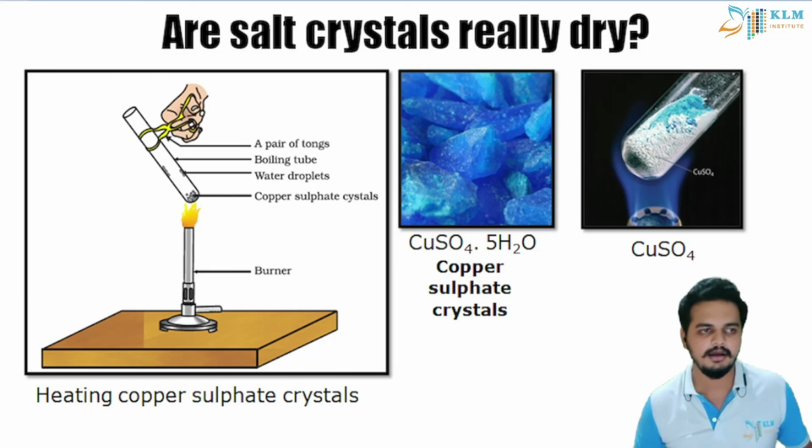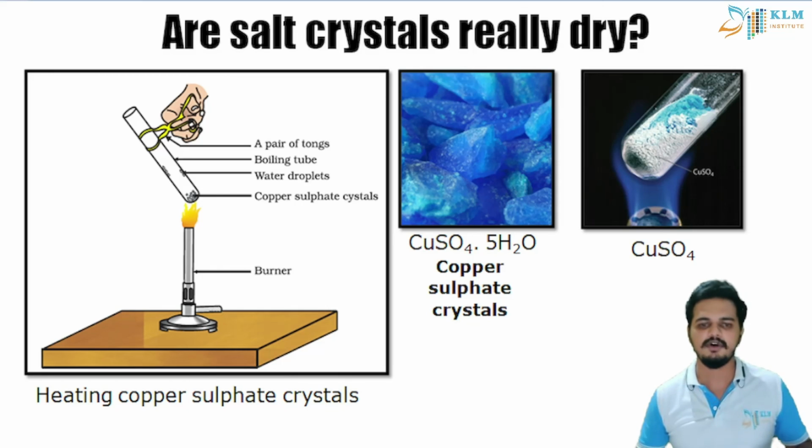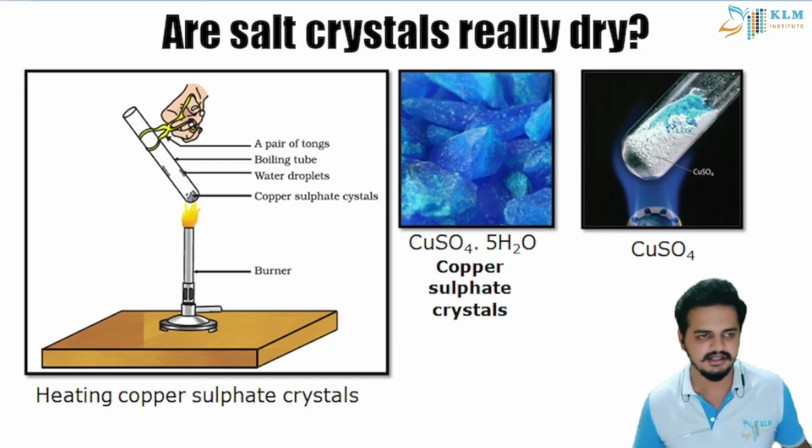So, about the chemical formula, are salts really dry? If you see the picture I have illustrated here, you can see they are dry. You can touch them and it doesn't feel wet.